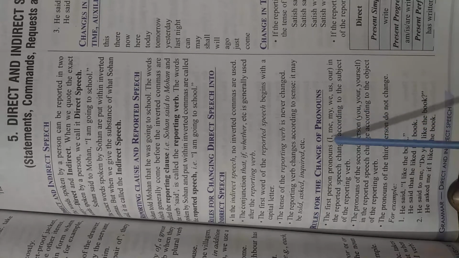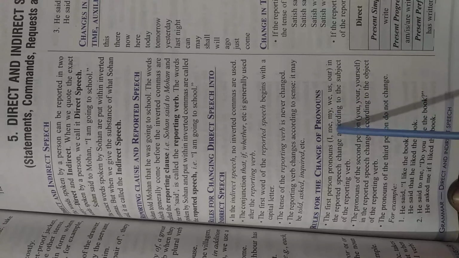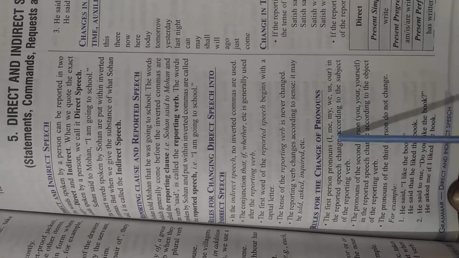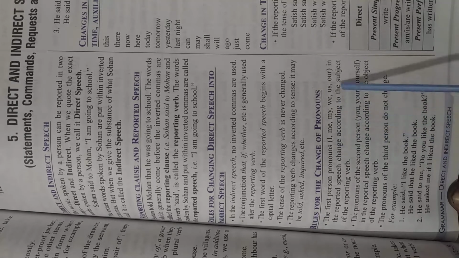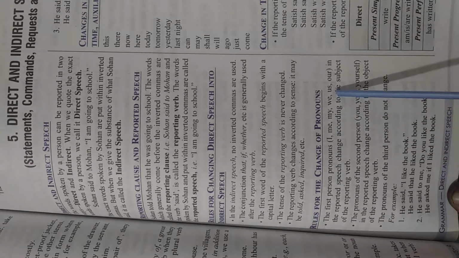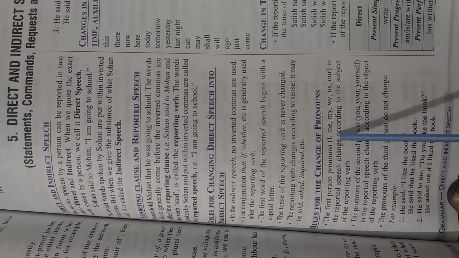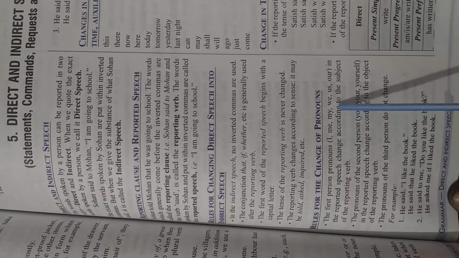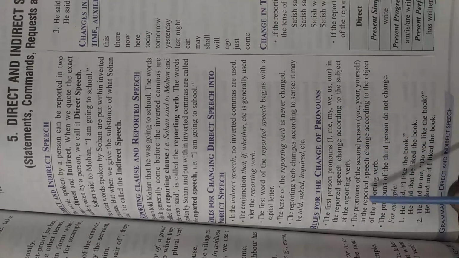So all these pronouns will be changed according to the subject of the reporting verb. जो बोलने वाला है पर्सन, अकॉर्डिंगली ये चेंज होगा। अगर बोलने वाली गर्ल है तो शी, बॉय है तो ही, हीज। Now the pronouns of the second person are you, your, yours, yourself.